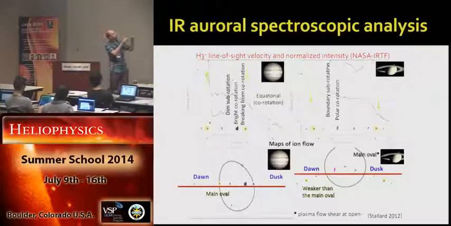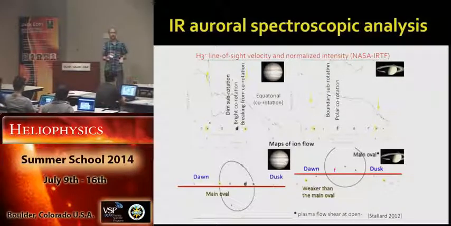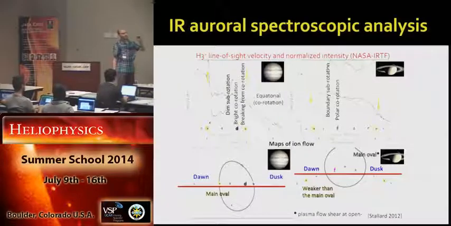And so you can step your way through the different regions and derive not only what is happening in the ionosphere, but then you can map that back to what's happening in the magnetosphere. It's directly measured from spectroscopic H3+ observations.